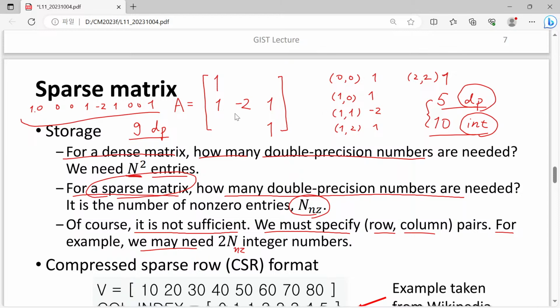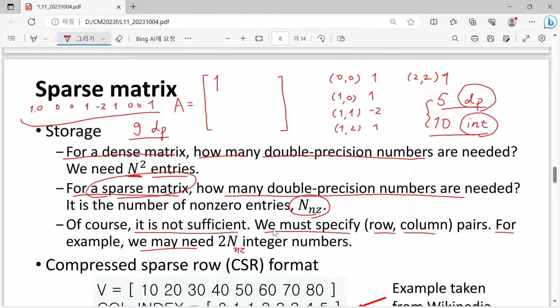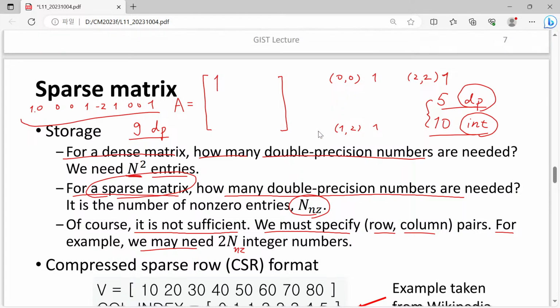Instead, if we have just a simple matrix with only one non-zero value, then we will have just one double precision number and two integer numbers to represent it.